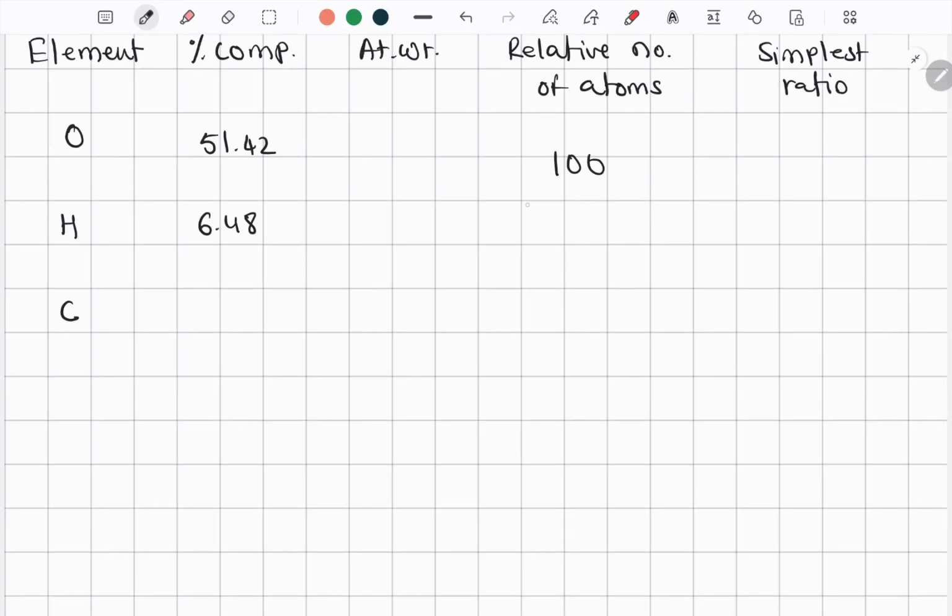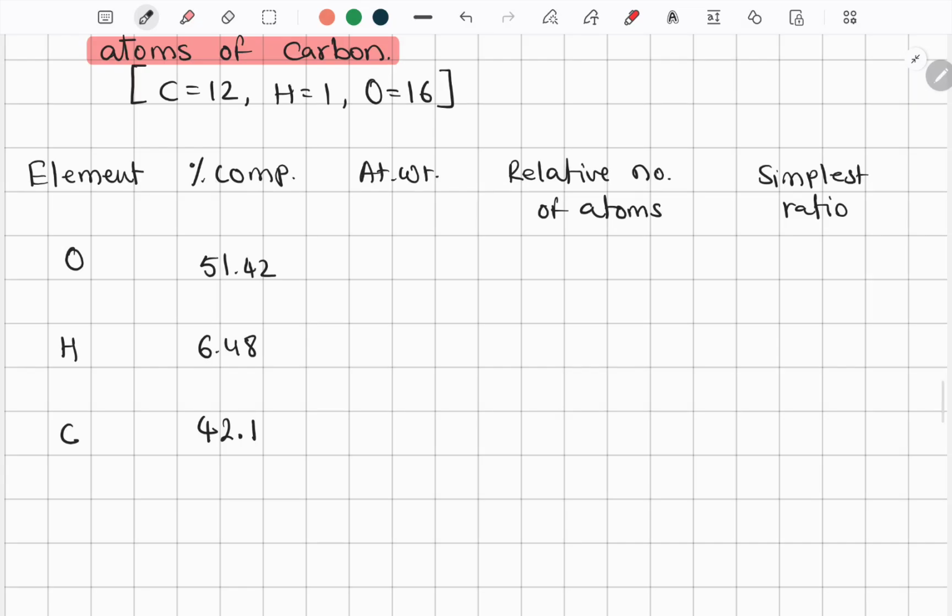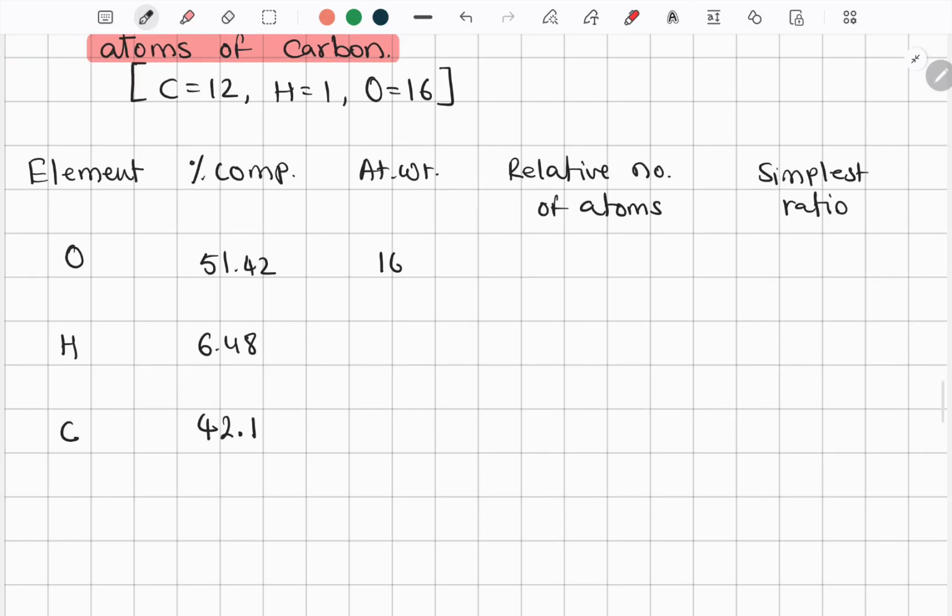When you subtract 51.42 and 6.48 from 100, you get 42.1, so the percentage composition of carbon is 42.1. The atomic weights of oxygen, hydrogen and carbon are 16, 1 and 12 respectively.